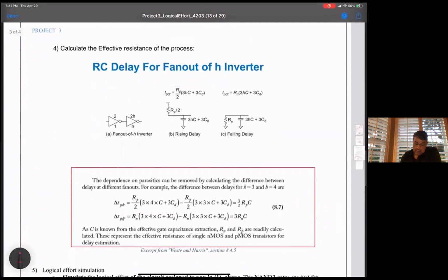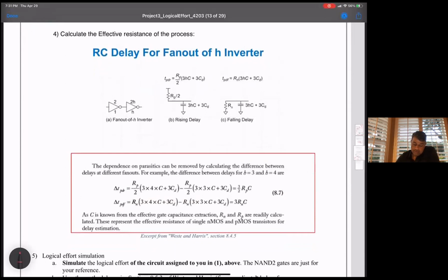The resistance ends up being a little bit more tricky. You kind of have to follow the derivation in the book. Thankfully it's only 2 inverters in that case.